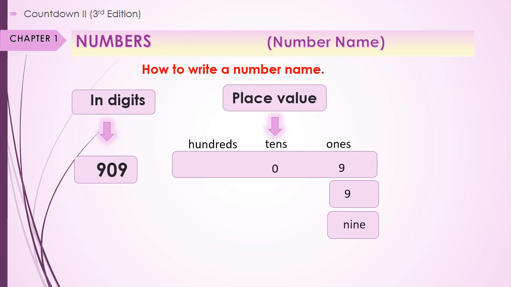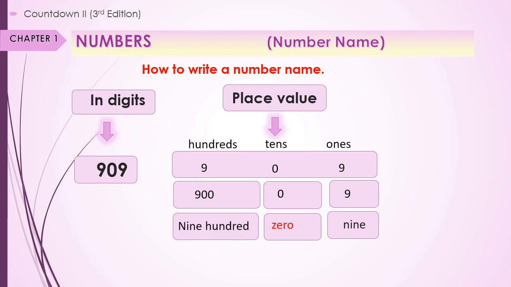We have 0 tens here. 0 tens means 0, and we can write the 0 in words like this. Here we have again a number 9 which is on hundreds place. So we will write 900 in words like this.